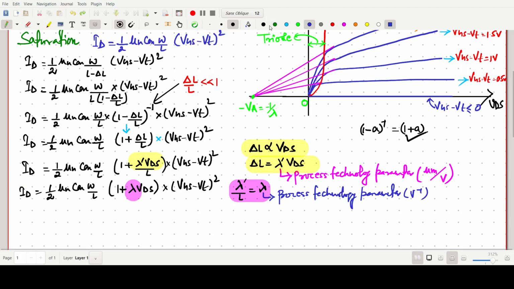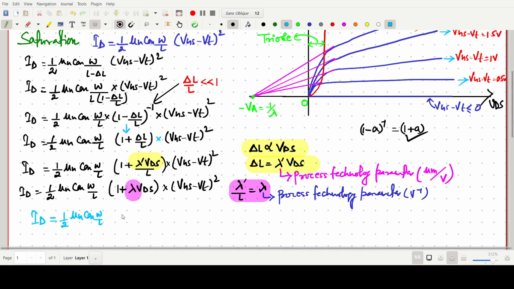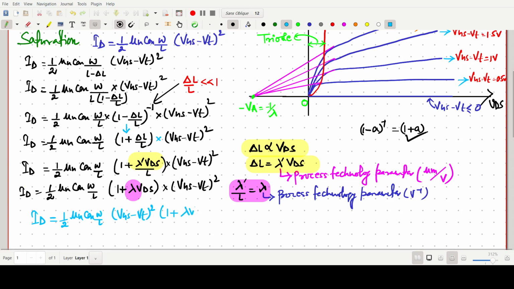The exact expression with channel length modulation will be ID equals 1 by 2 mu n Cox W by L, (Vgs minus Vt) whole square, very simple, the first term, but one additional term will be there, 1 plus lambda VDS.